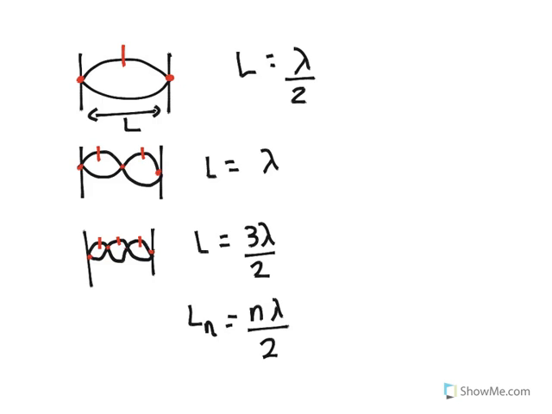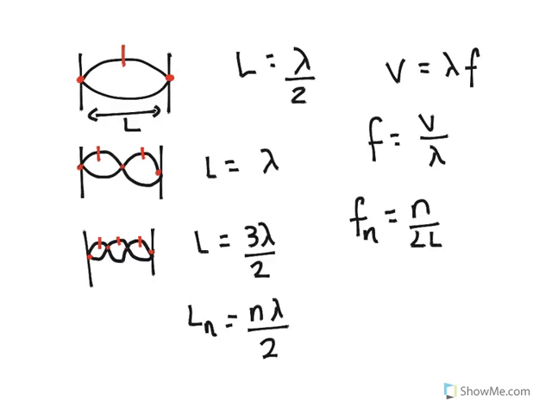Now, the velocity of the wave equals lambda times frequency, so the frequency is equal to velocity over lambda. If we generalize, the n-th frequency is equal to n over 2L, which is the inverse of lambda, times the velocity.